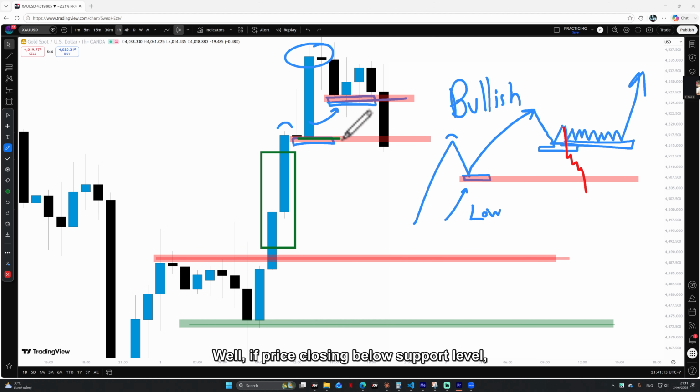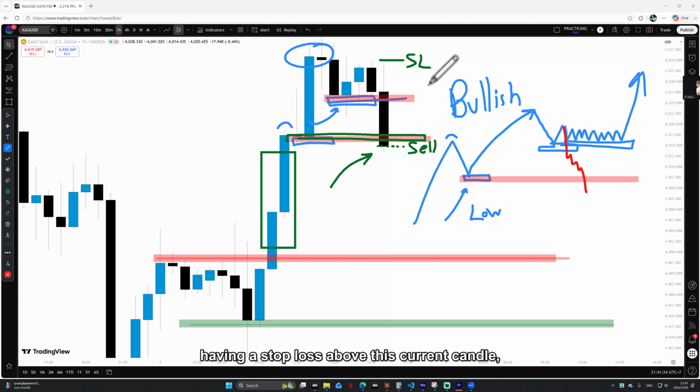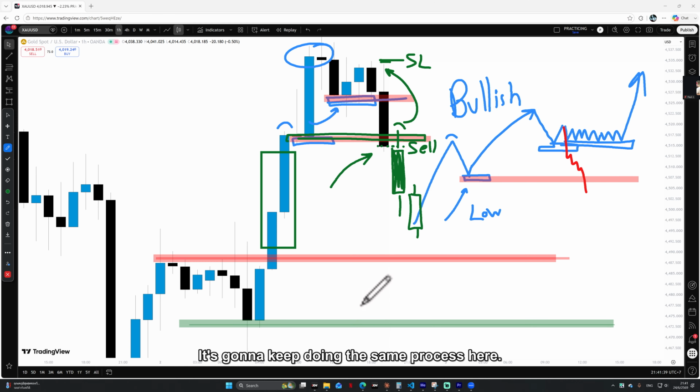Well, if price closes below the support level, you know that price will go down, right? Obviously, you can take a sell here, having a stop loss above this current candle, because you know that in order for the next candle to go down, the wick of this candle shouldn't be breaking this top wick of the candle. It's gonna keep doing the same process here.